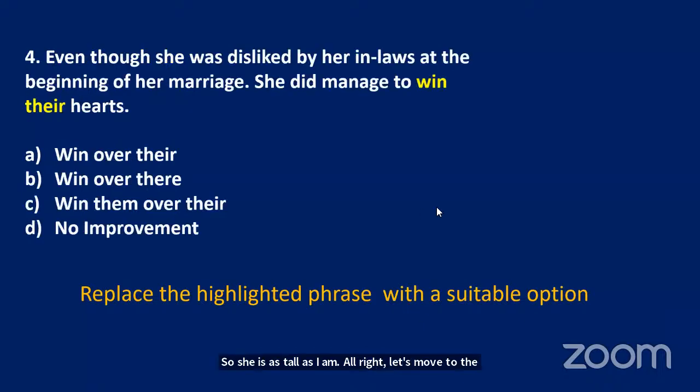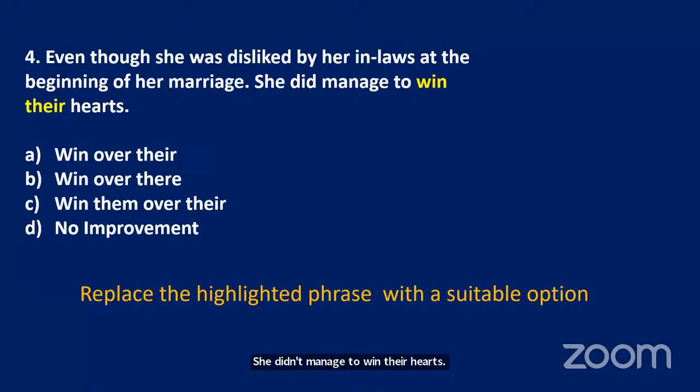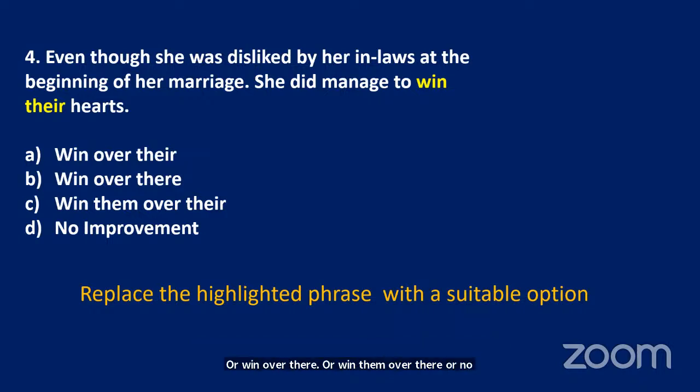Even though she was disliked by her in-laws at the beginning of her marriage, she did manage to win their hearts. The highlighted word win should be replaced by win over, win them over, or no improvement is required? I feel it's perfect. Anyway, think over it and give me your answer, students.